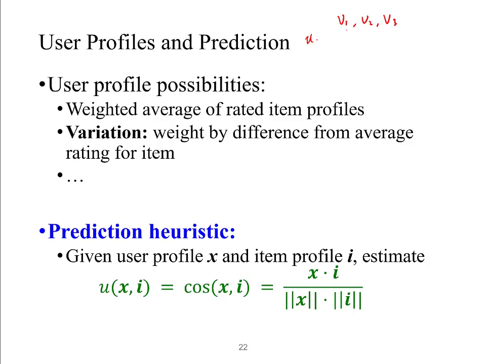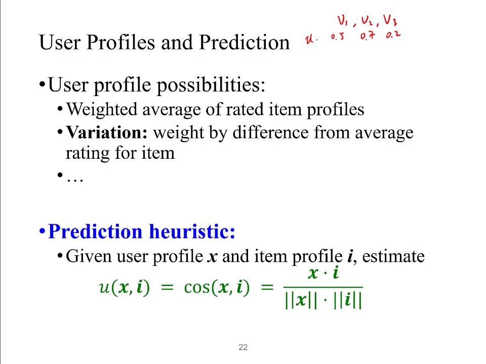Let's assume that each of them has a rating. For example, if we use a number between 0 and 1, this could be 0.5, this is 0.7, and this is 0.2. Remember, V1, V2, and V3 are feature vectors. The features are the same for different vectors, or say the dimensionalities are the same, and the same dimension from different vectors represents the same feature.